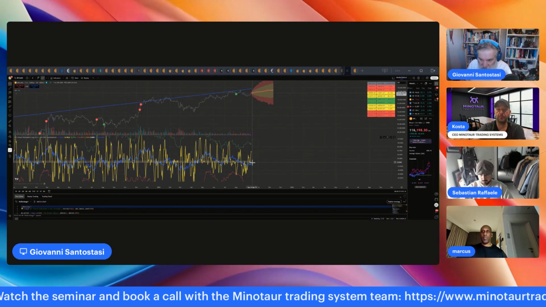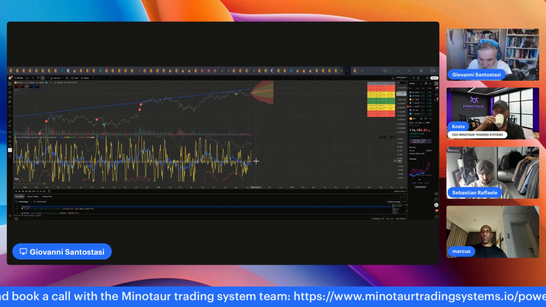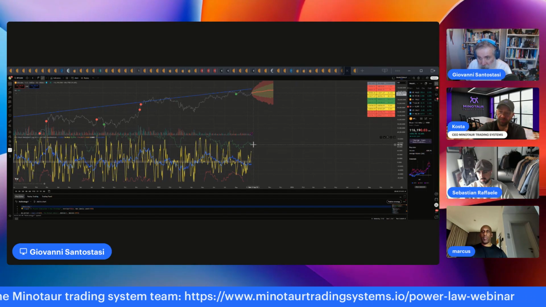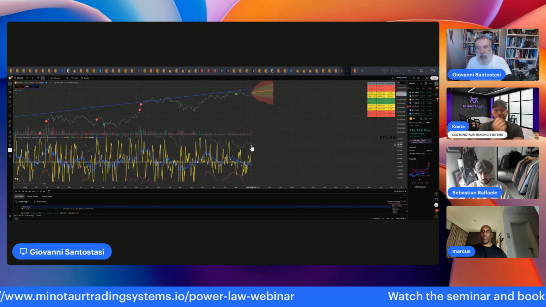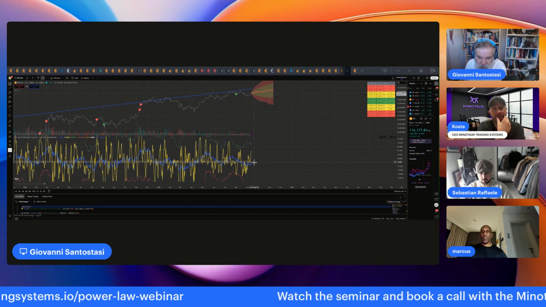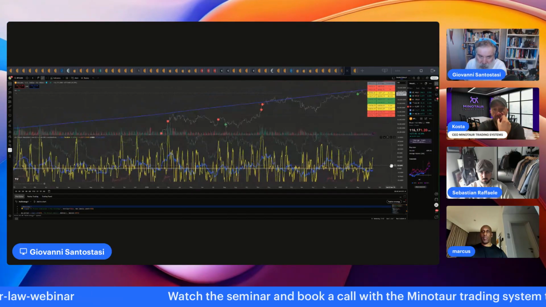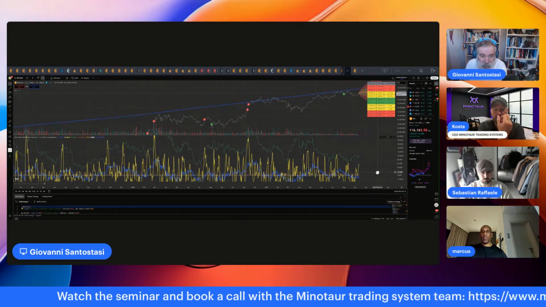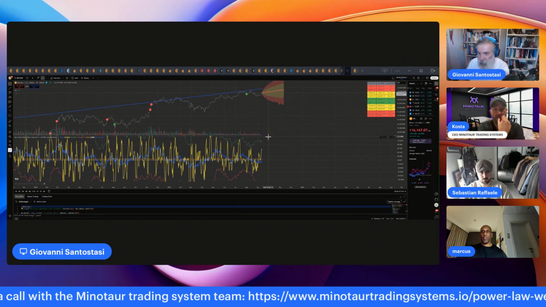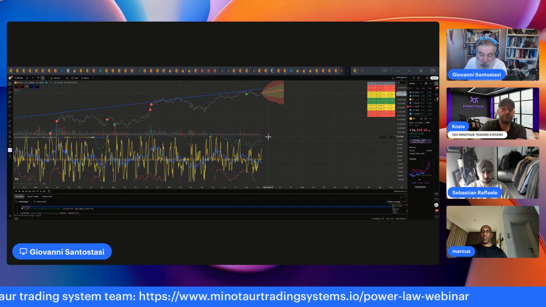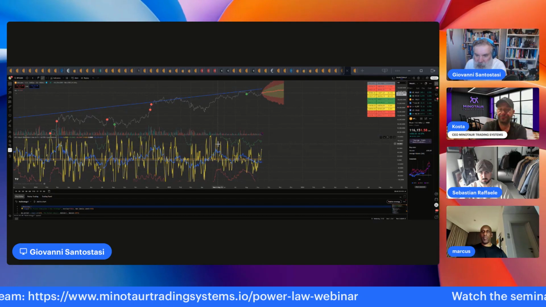If you go far away from the power law average, it means that we are in bullish territory. It seems usually when we reach this green region, we come back. Unless, in the past, during the bull runs, this value went crazy, all the way to 200. But we are not doing it now. We are staying within this range.